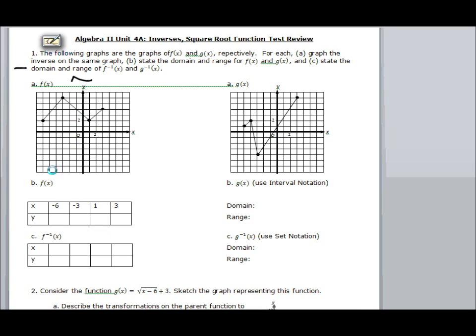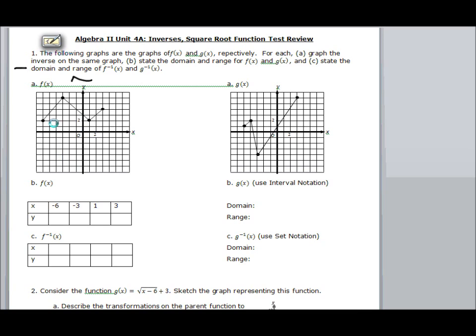So we need to find the graph of the inverse, and state the domain and range of the original and g of x, which is the inverse. So let's see what happens.